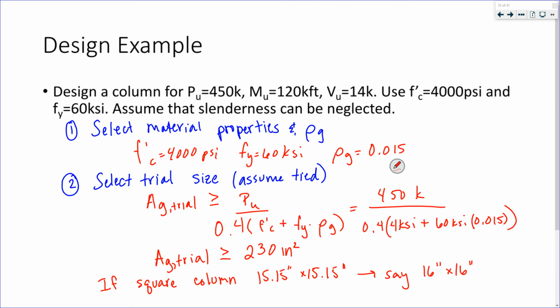It's a trial reinforcement ratio, and obviously not going to be the final one because we haven't designed anything yet.